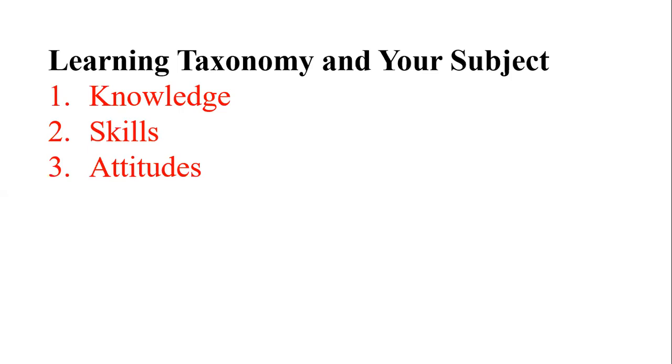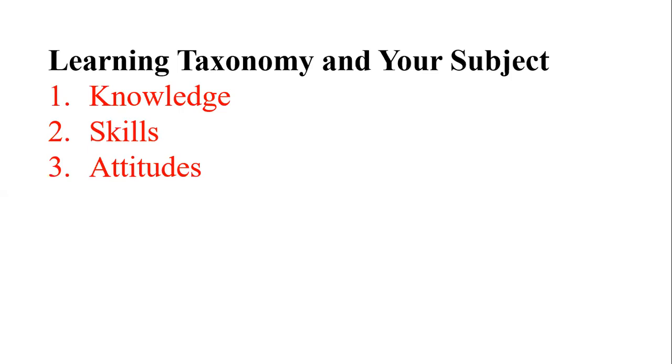Therefore, I hope your learning level is very high compared to first year and second year students. There is a very famous learning theory given by Bloom, Bloom's taxonomy. Bloom's taxonomy addresses three areas: knowledge, skill, attitude.